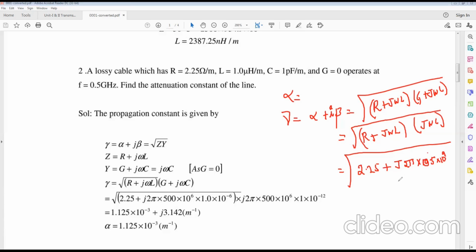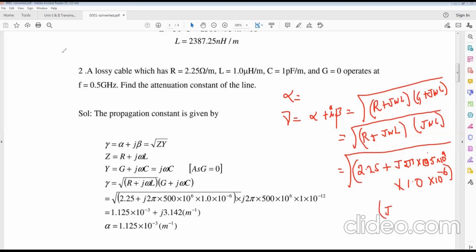And plus, L is also there. Omega, substitute the frequency only, the gigahertz, plus into L value is 1.0 into 10 power of minus 6. Then multiply this total function with j.